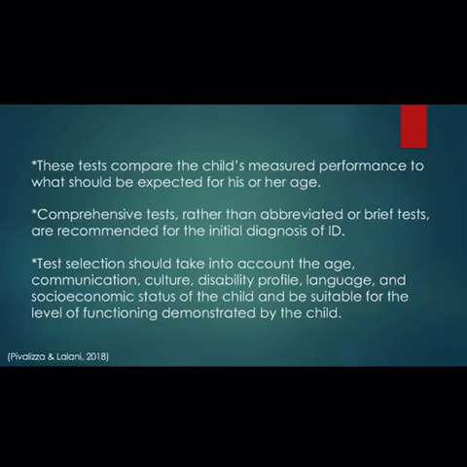These tests compare the child's measured performance to what should be expected for his or her age. Comprehensive tests, rather than abbreviated or brief tests, are recommended for the initial diagnosis of ID. Test selection should take into account the age, communication, culture, disability profile, language, and socioeconomic status of the child and be suitable for the level of functioning demonstrated by the child.